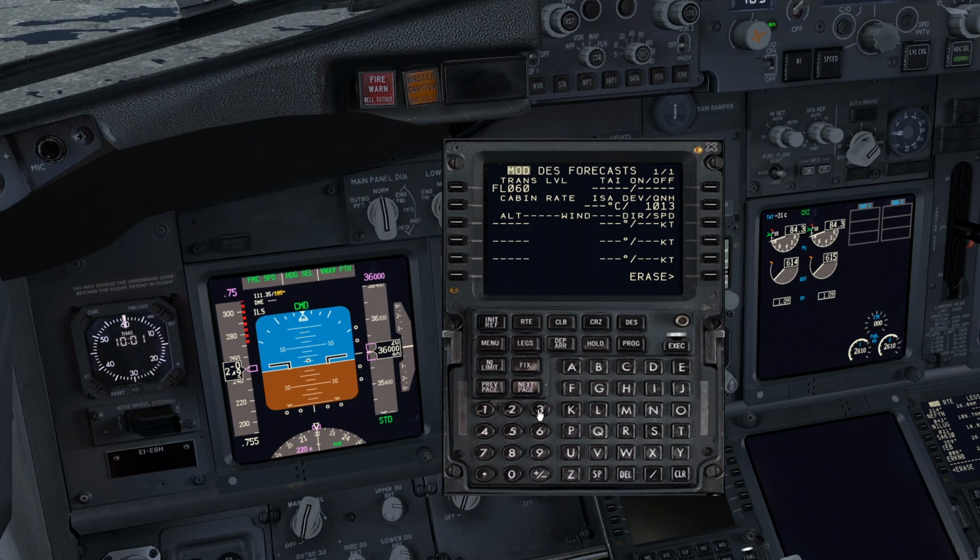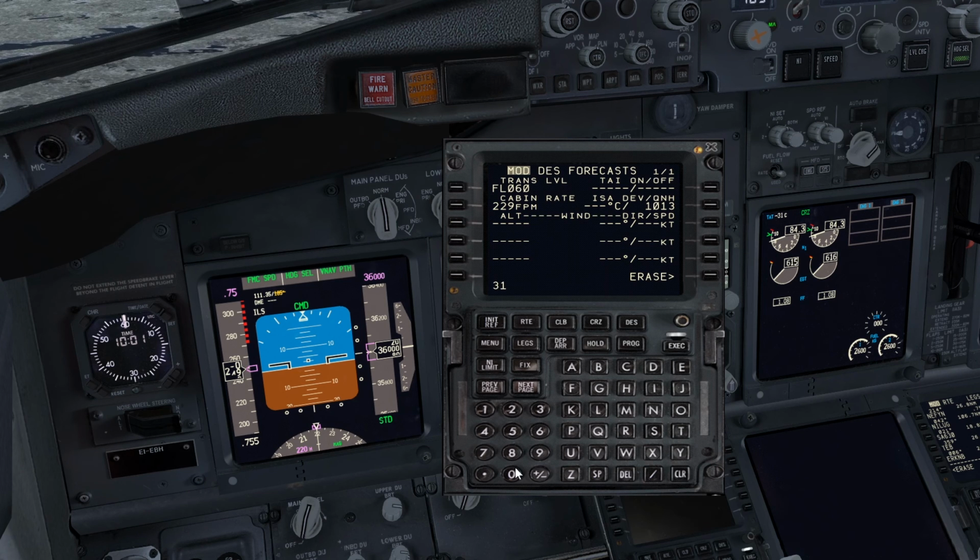And to make the VNAV path more accurate, you can put in some winds on different altitudes or flight levels, and that's very, very convenient, because if you have a lot of tailwind, you need to start to descend a bit earlier, and if you have headwind, you can start to descend later, and this is not very easy to calculate in your head.